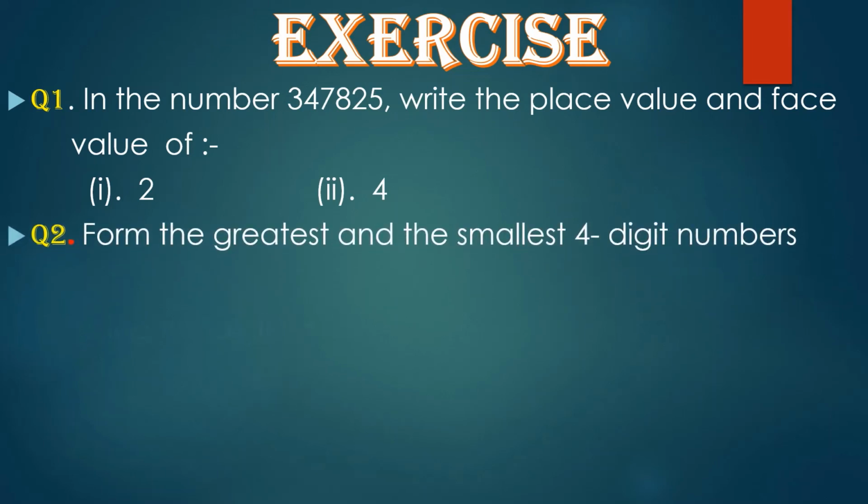In the second question, form the greatest and the smallest 4-digit numbers using the given digits, that is 3, 7, 0, and 5.